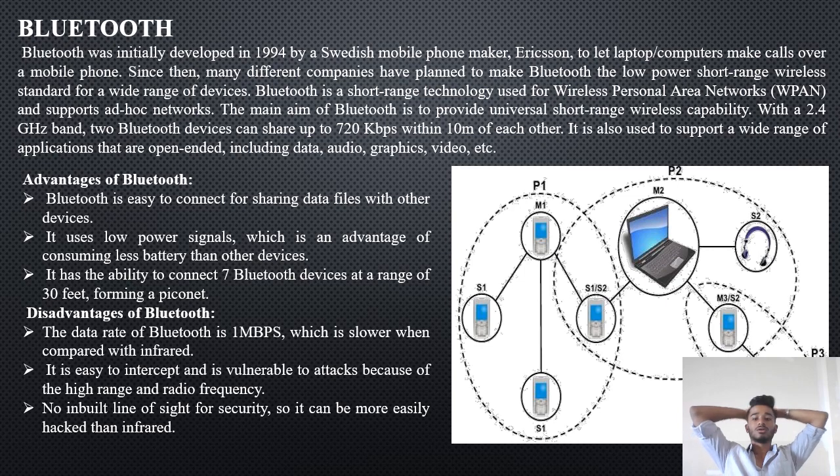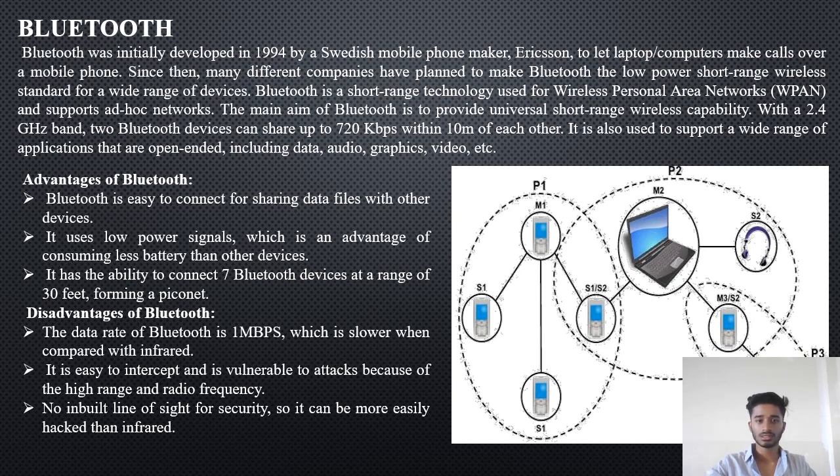As we all know about Bluetooth, we use Bluetooth in our day-to-day lives to listen to music and more. Bluetooth was initially developed in 1994 by a Swedish mobile phone maker, Ericsson, to let laptop computers make phone calls over mobile phones. Since then, many different companies have planned to make Bluetooth a lower power, short range wireless standard for a wide range of devices.